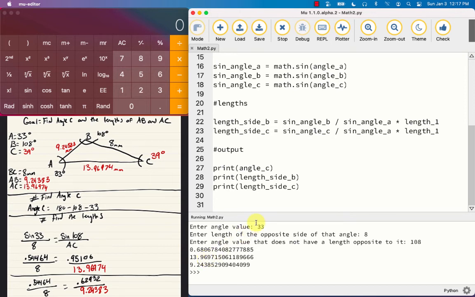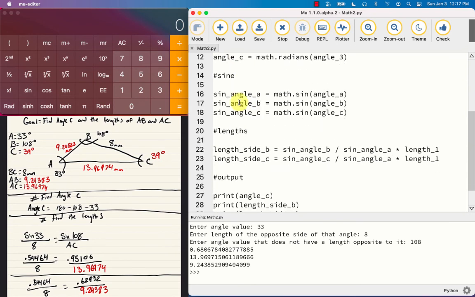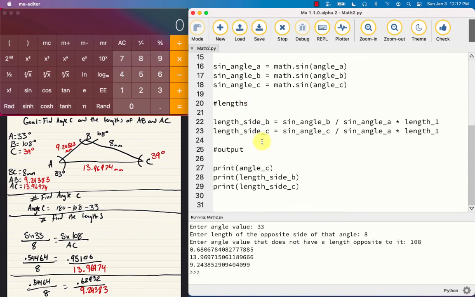So let's do this. First, let's figure out why our angle wasn't correct, because that should just print out 39. Oh, I see. So that printed out our radians. We just need angle 3. I forgot that ABC is 1, 2, 3. So angle 3.